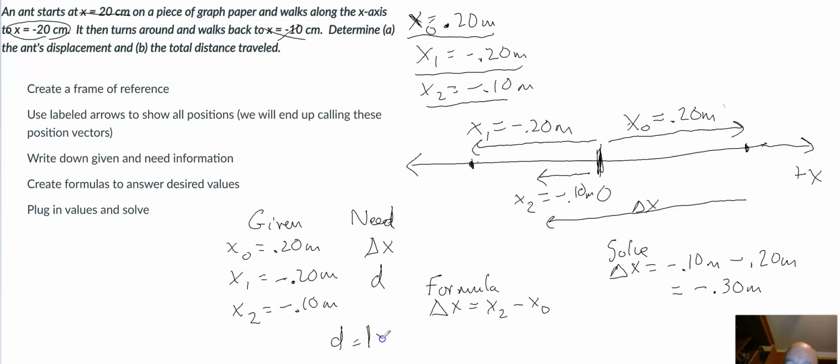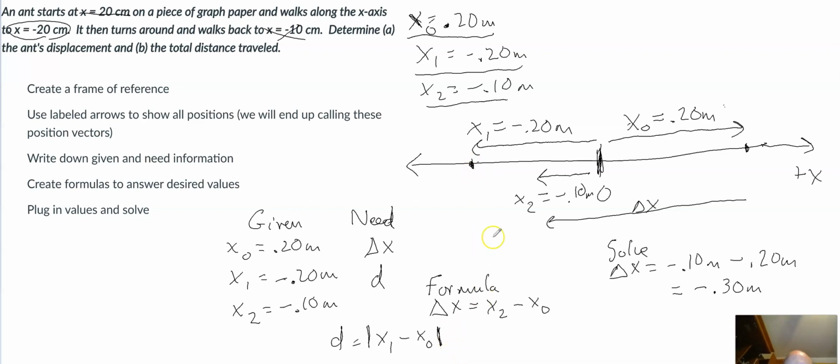I want to know the absolute value of my final position minus my initial position. So this first motion here from 0.2 to negative 0.2, if I subtract my initial from my final, you can see that will give me a value of negative 0.4, but I just want the total units. So that's why I'm putting it in the absolute value.